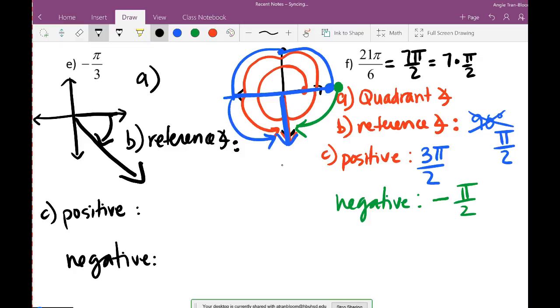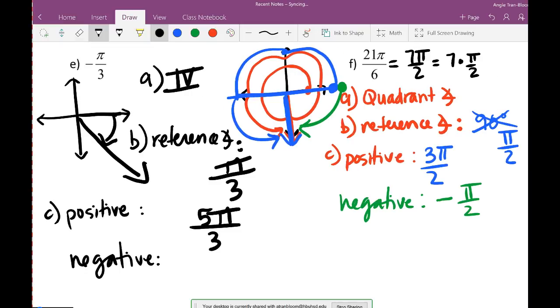Oh, I have to do everything? Sure. So it's in quadrant 4. And then the reference angle is pi over 3. You guys agree? Good. And then for positive, I got 5 pi over 3. Which is right, Jacqueline, but how did you get it?